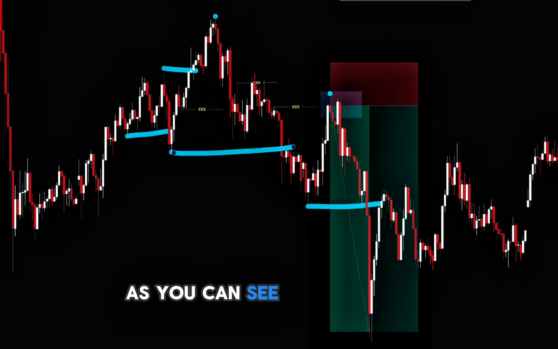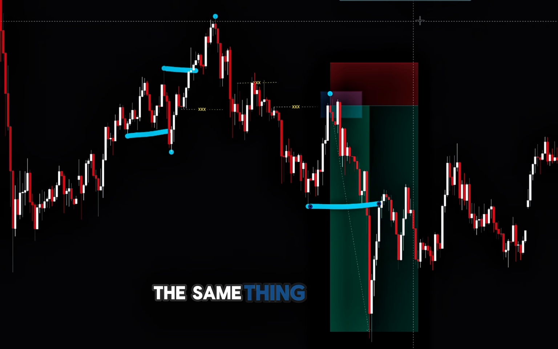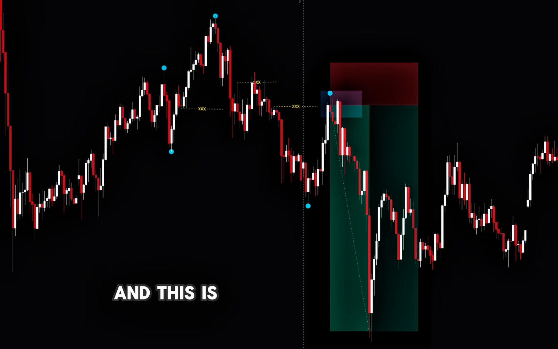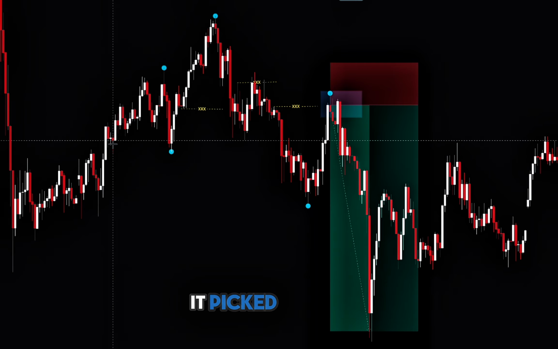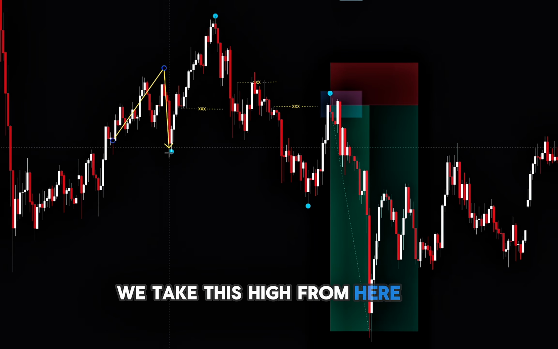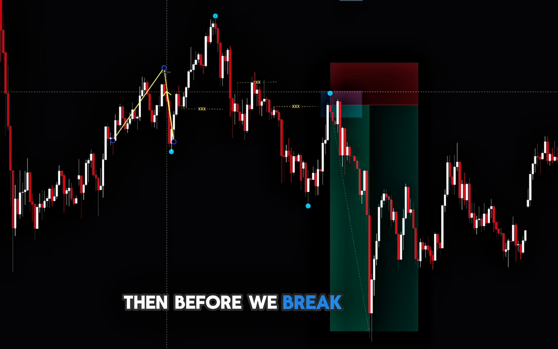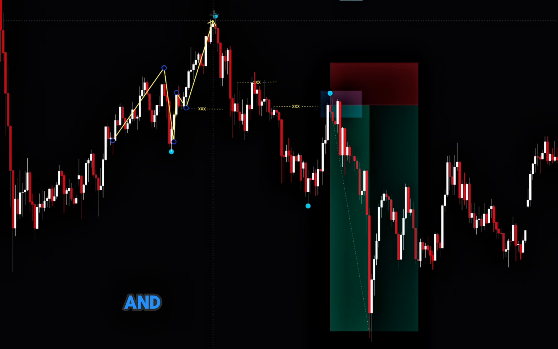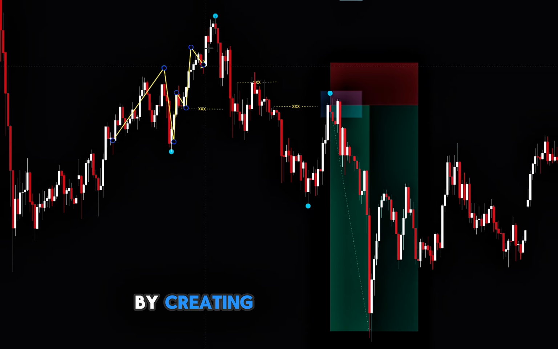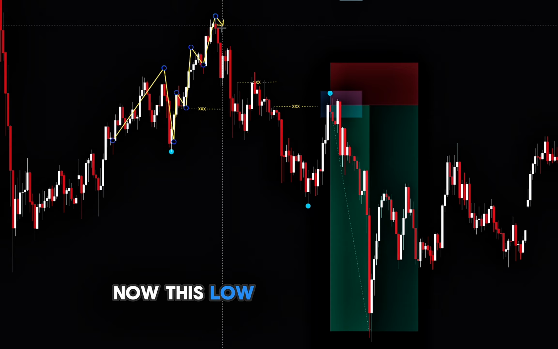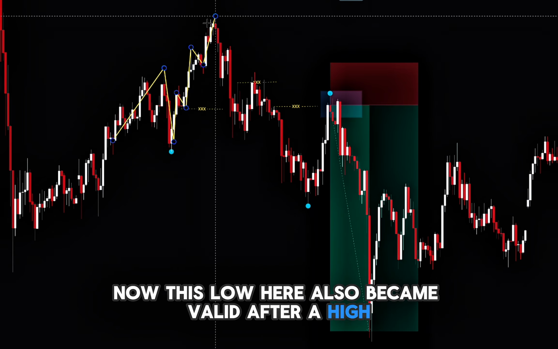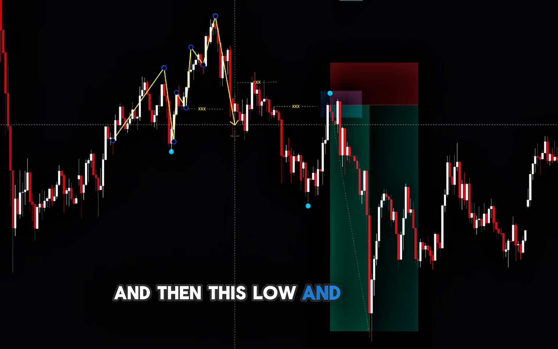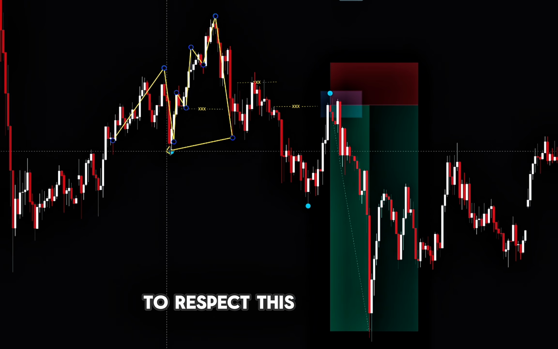So as you can see, price has just printed the same thing as I have explained to you in the drawing, and this is the same exact thing that it is doing. It picked this high, we take this high from here, we came down, then before we break this high, we created a low. This low is the one that caused this break, and price went all the way up by creating these small highs. Now this low here also became valid after it has taken this low and then this low and came all the way down here to respect this major high.